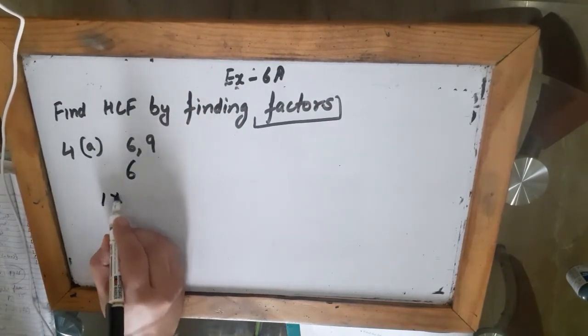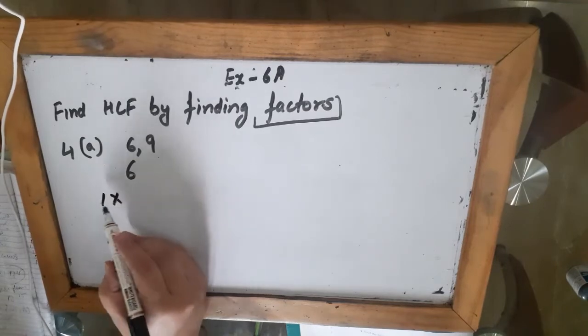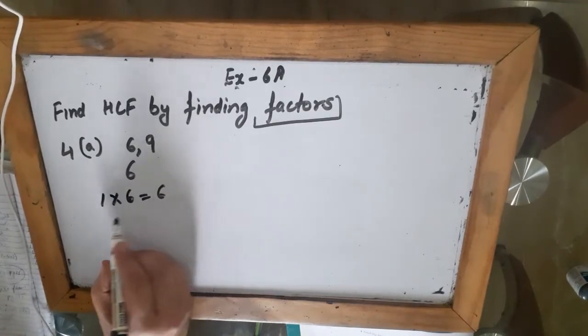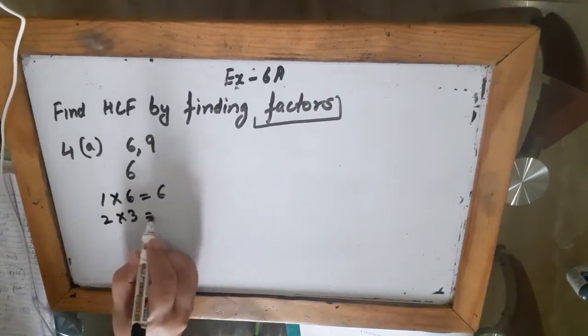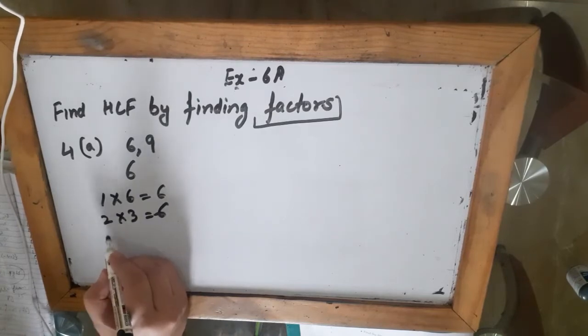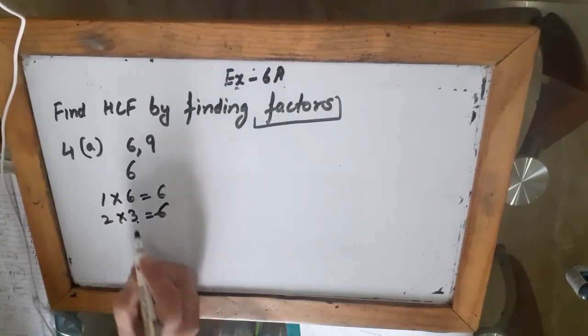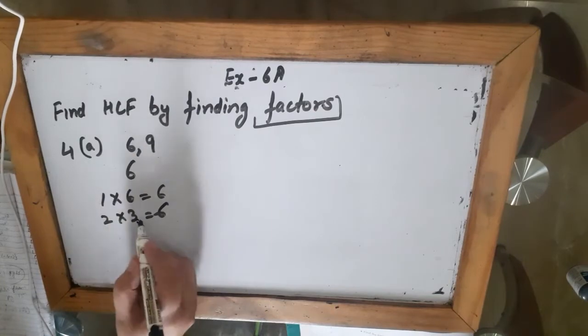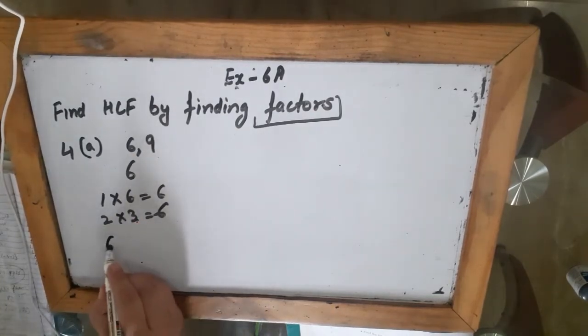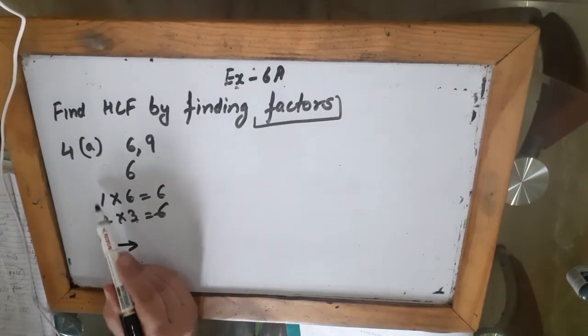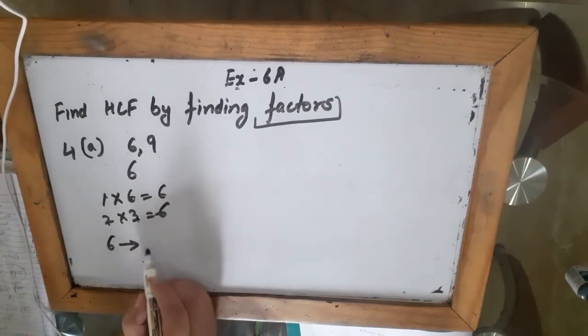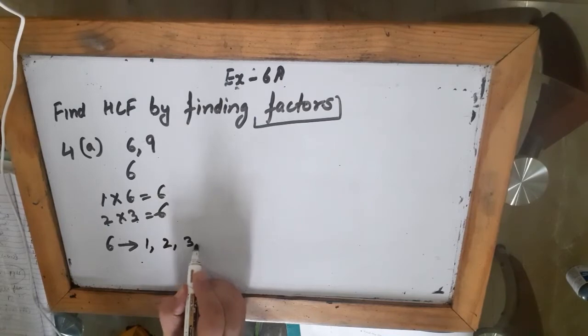Like I already have explained to you how to find the factors. 1 6s are 6, 2 3s are 6, after 2 comes 3, and 3 is already there. So 2 3s are 6, 3 2s are 6. It means all the factors of 6 are over now. So what are the factors of 6? 1, 2, 3 and 6.